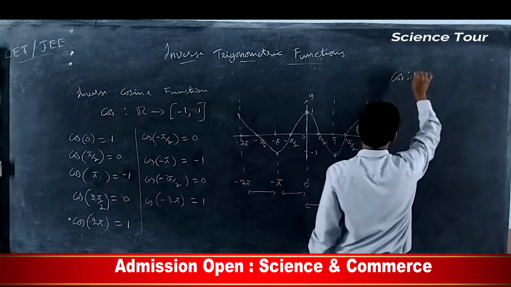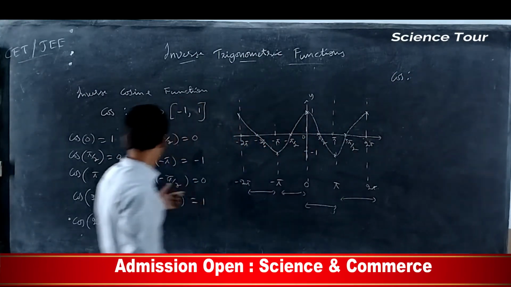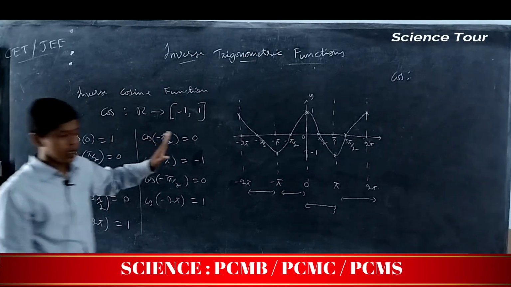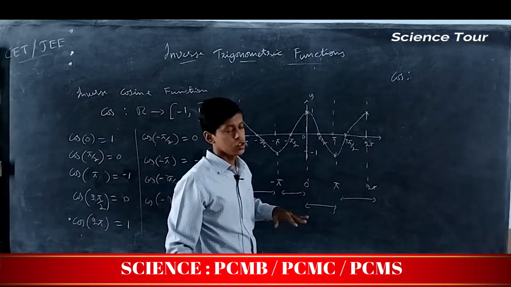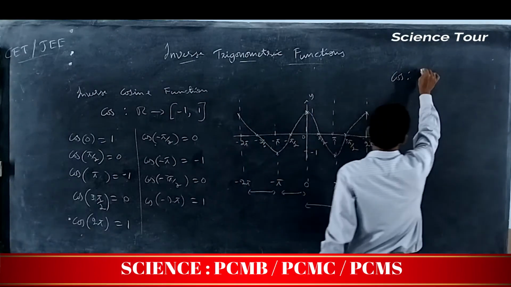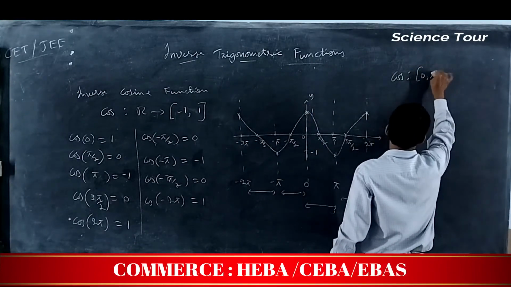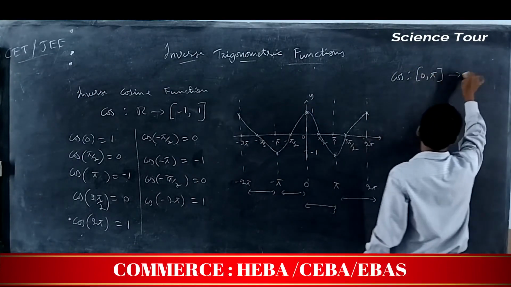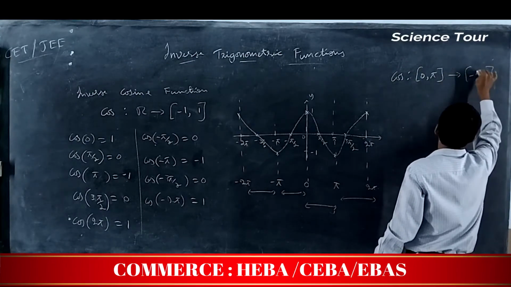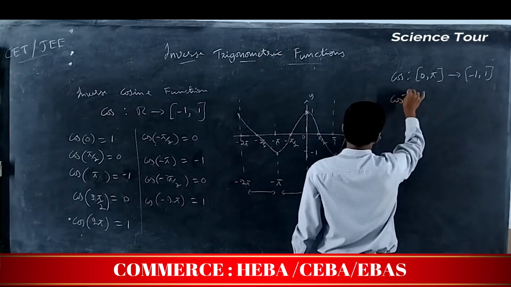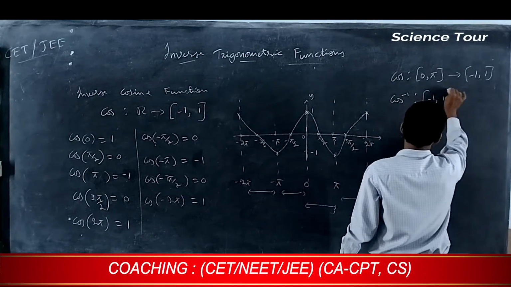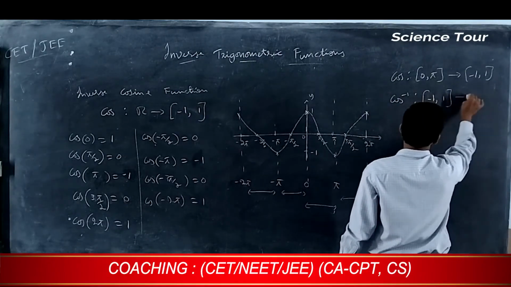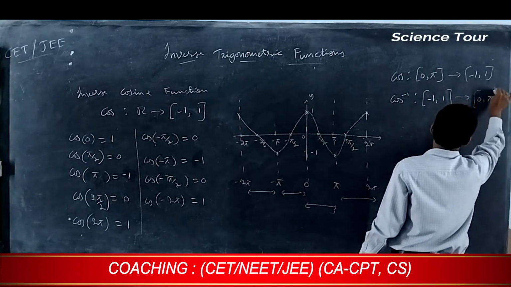Okay, so you need a 1 1 function. See, this is not 1 1, this is not 1 1, therefore we have to make a 1 1 function to get the inverse. So now which function is 1 1? Cos from 0 to pi till minus 1 to 1. Therefore cos inverse will be from minus 1 to 1 till 0 to pi.